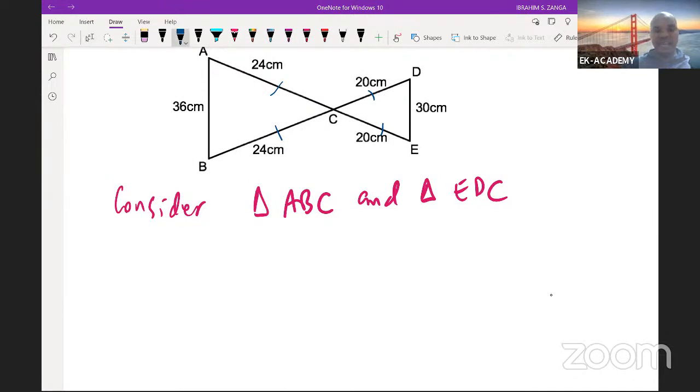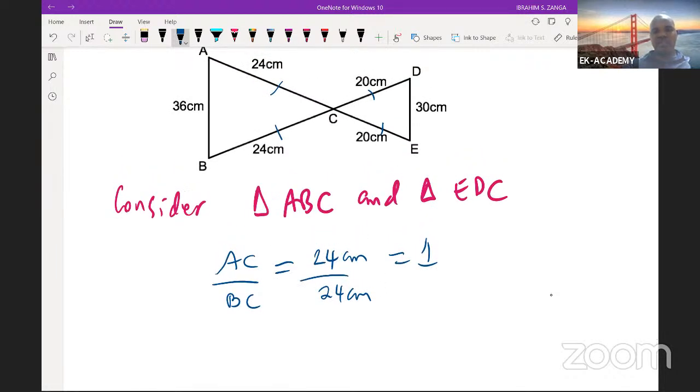So we can see here, if you take AC divided by BC, it is 24 centimeters over 24 centimeters equals 1.